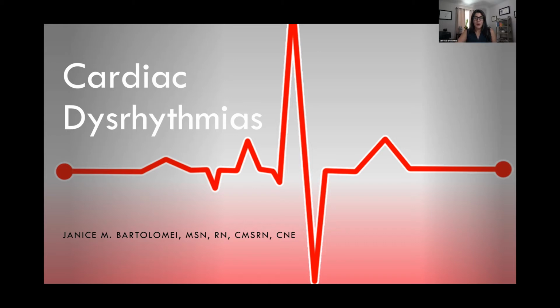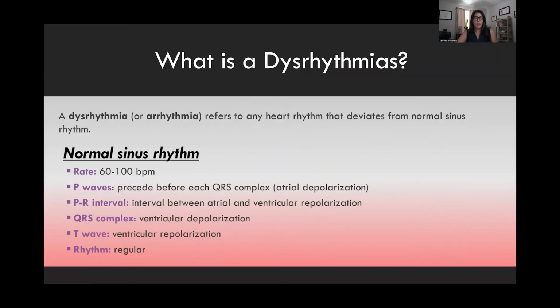Pretty much, we need to define what a normal sinus rhythm is. A normal sinus rhythm is a heart rate between 60 to 100 beats per minute. It has P waves before any QRS.